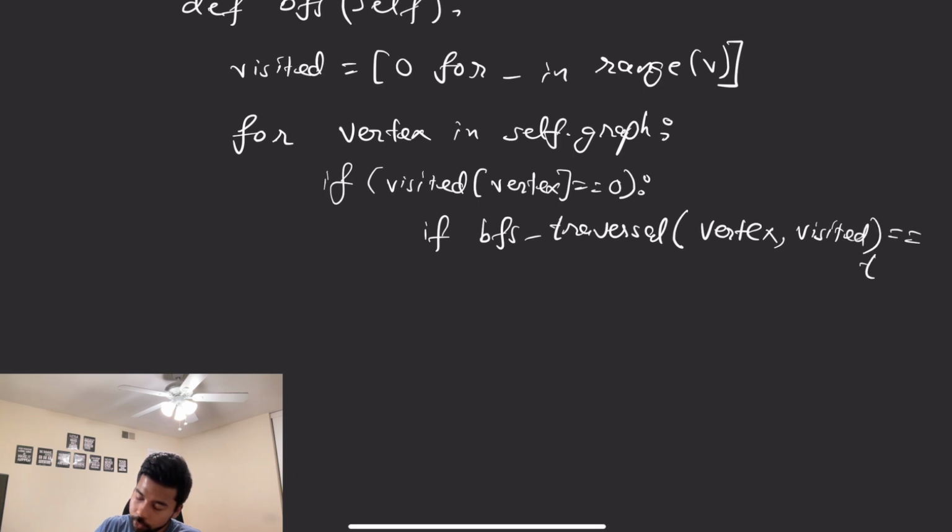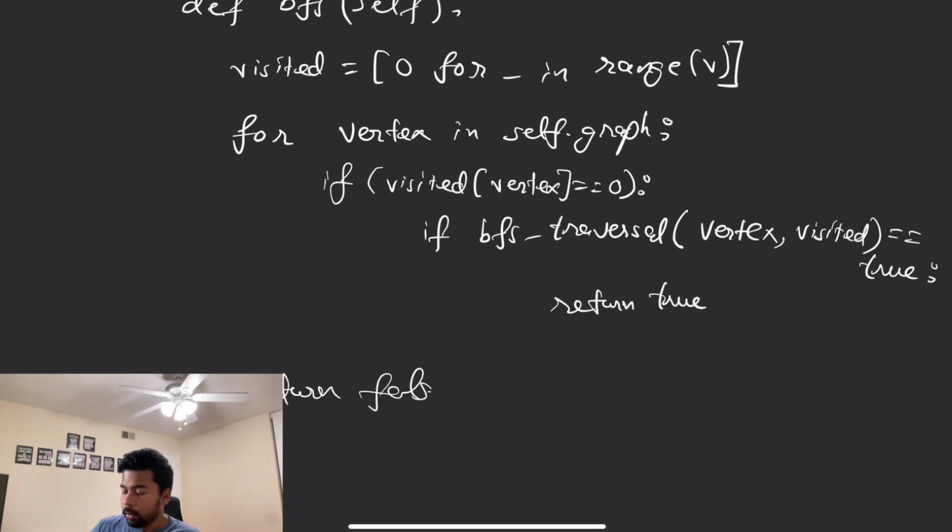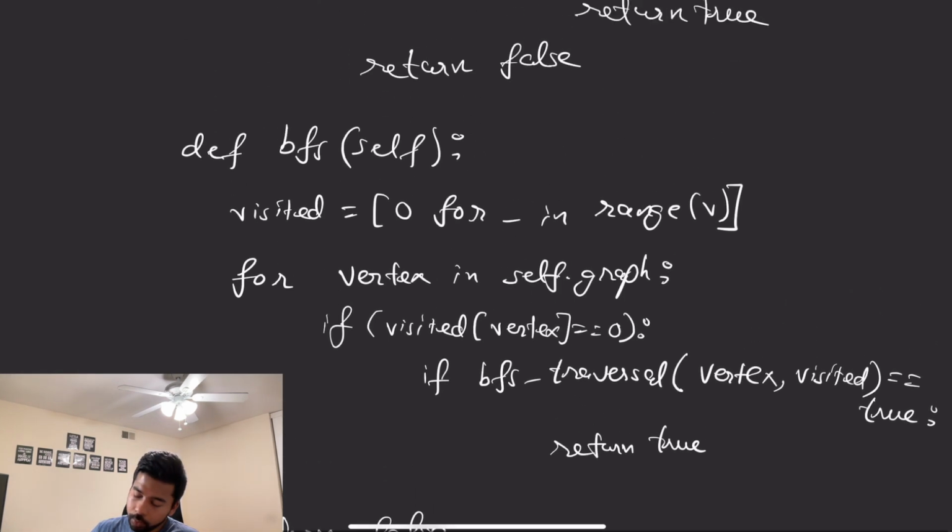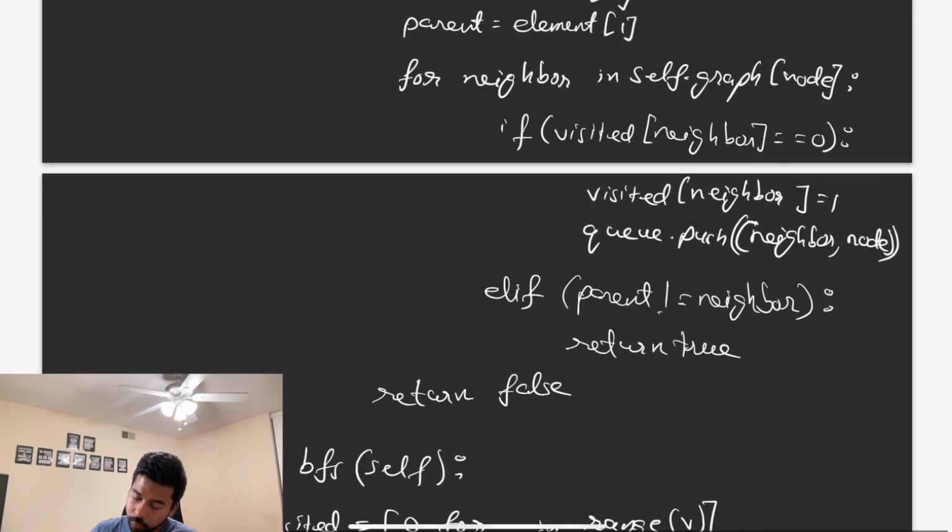So if this is equal to true, return true. Same code. Outside the for loop, return false. All right, cool. Now you know how to cheekily insert this one segment to check if it's a cycle using the parent, right?